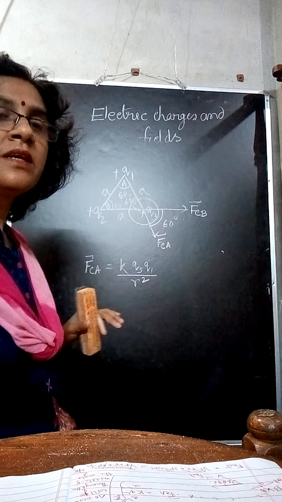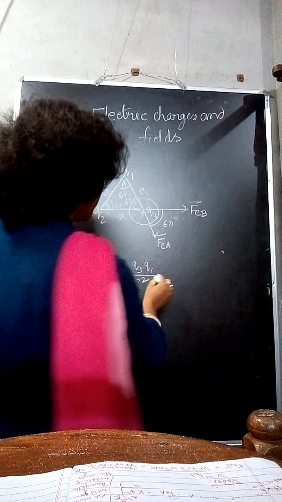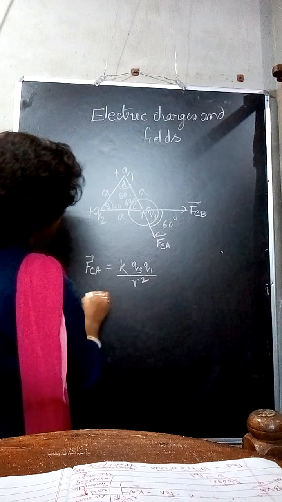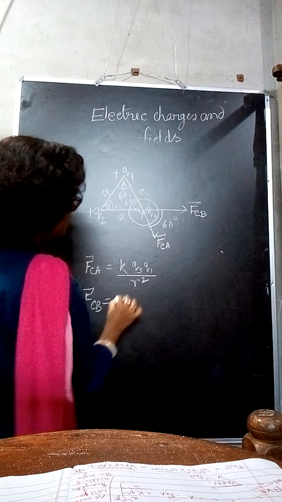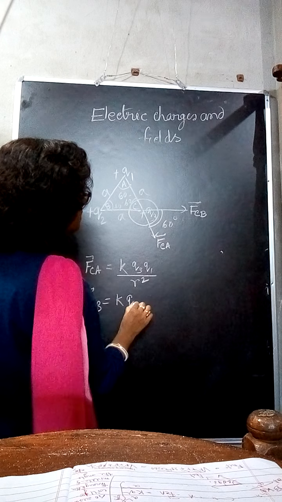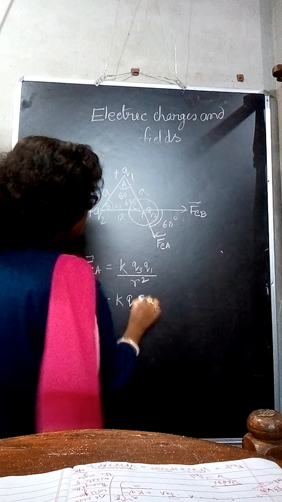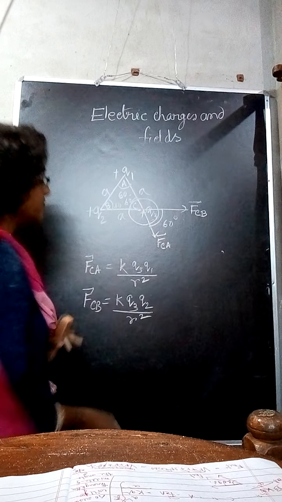And F CB, its expression is K Q3 Q2 by r square.